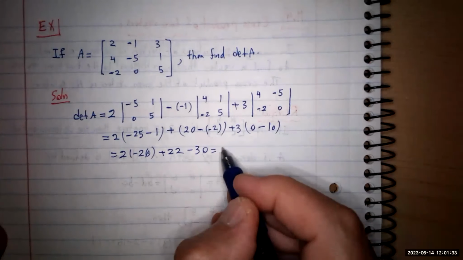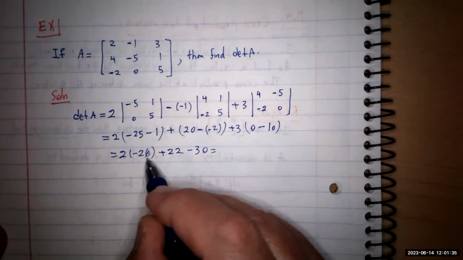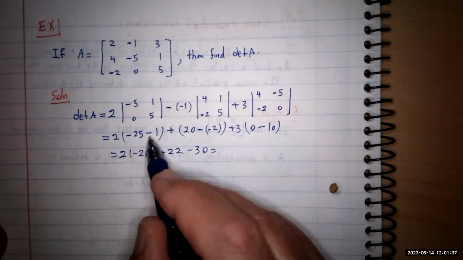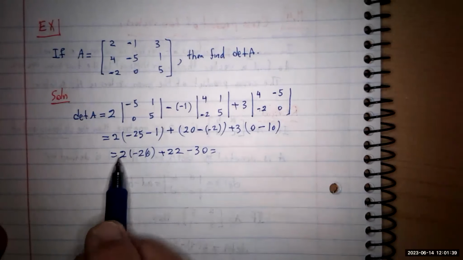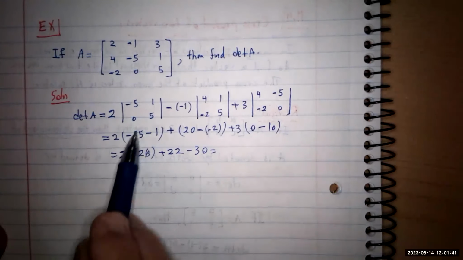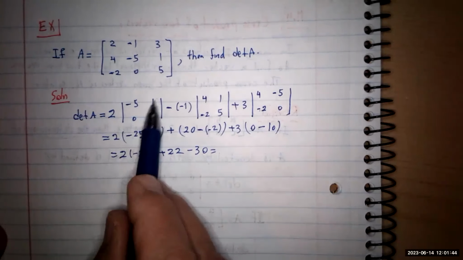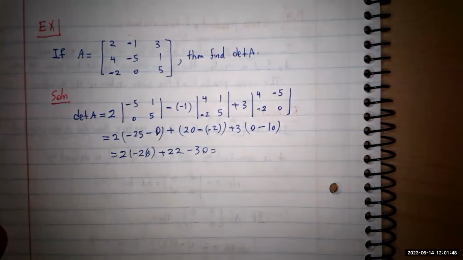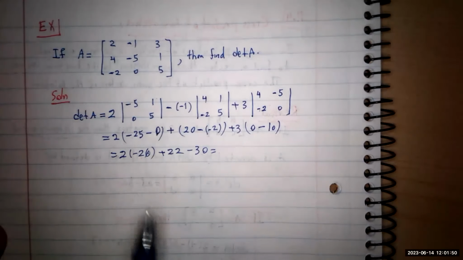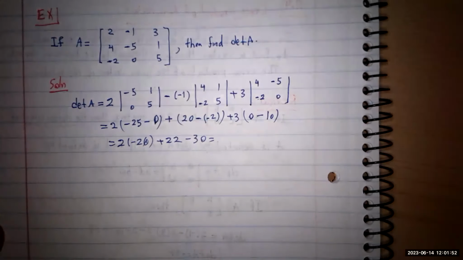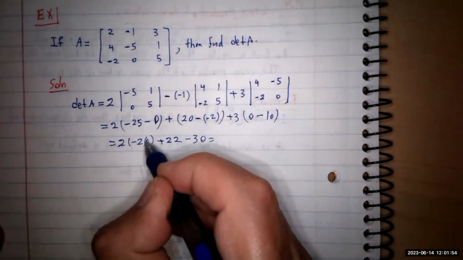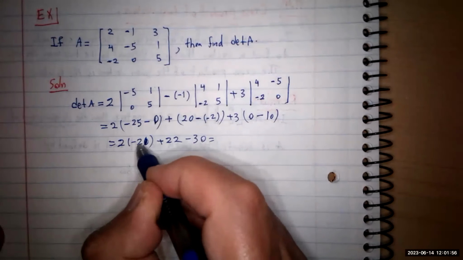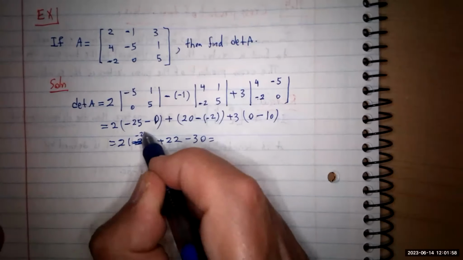So that gives you negative 25. I'm sorry, I made a mistake here, yes. Negative 5 times 5 is negative 25, 0 times 1 would be 0. So minus 0 here, sorry. See, 0 times 1 is 0. So I get only negative 25 here. That's a negative 25.